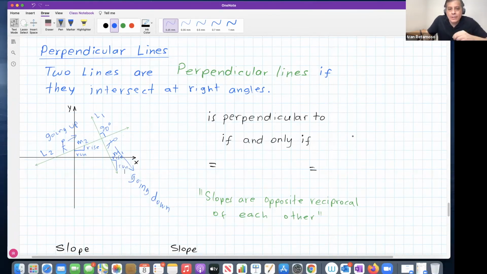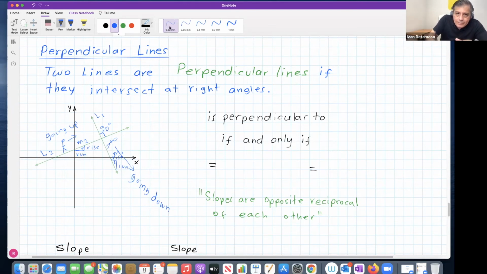So two things to notice. The slopes have different signs, right? One is increasing, the other is decreasing, or vice versa. But not only that, they are reciprocals of each other, as you can see, right? The right triangles appear in such a way here and here that they are reciprocals of each other. So this is what mathematicians notice, and they came up with this nice conclusion.